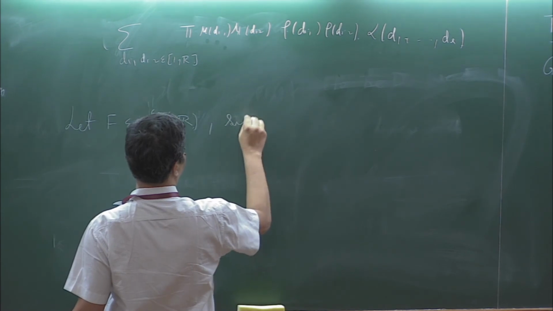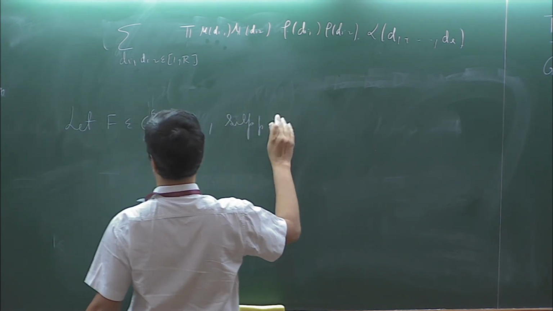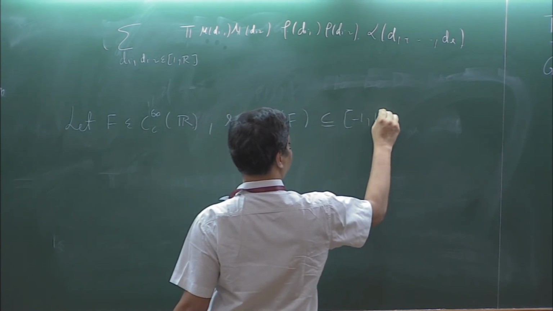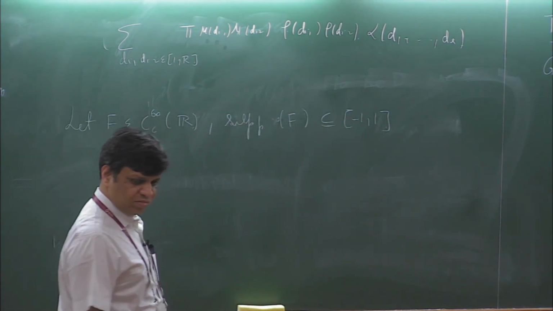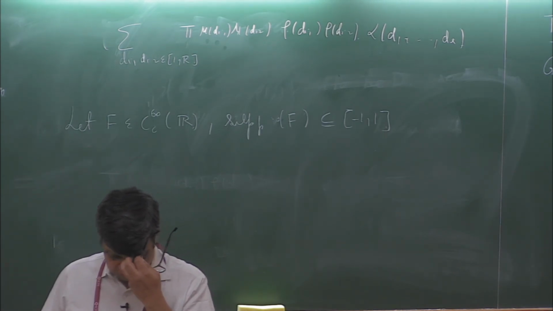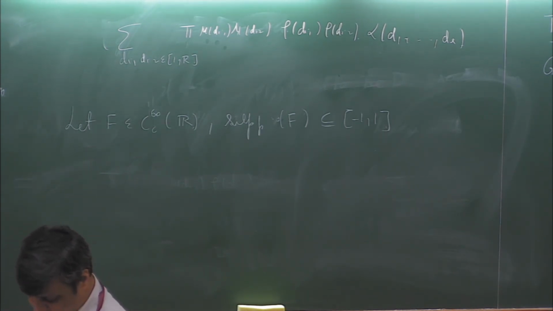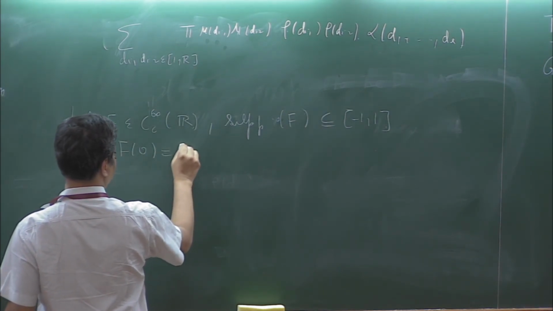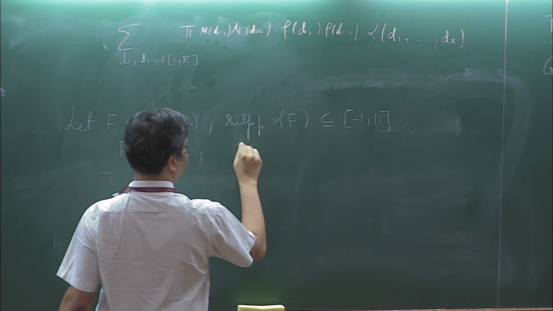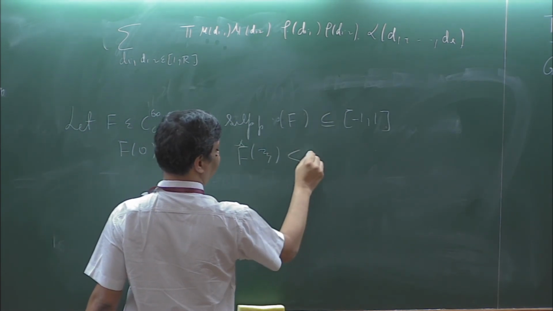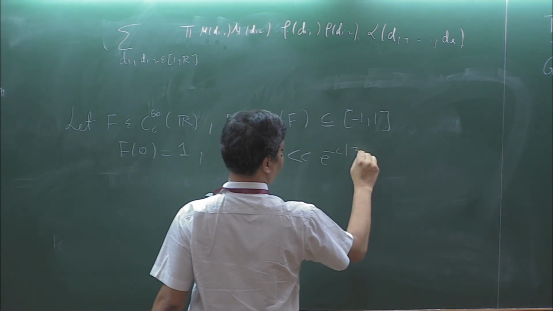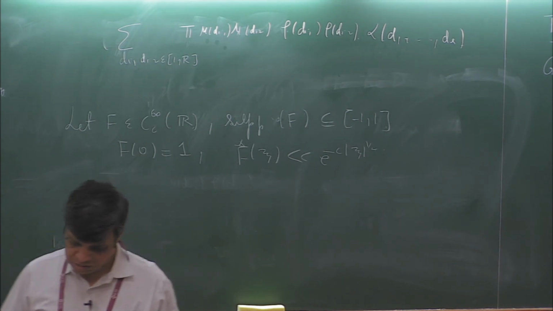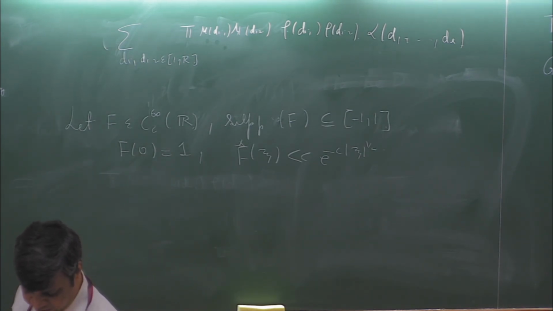In fact, I will assume the support of f is contained in -1 to 1, with f(0) equal to 1, and its Fourier transform has good decay, exponential decay.